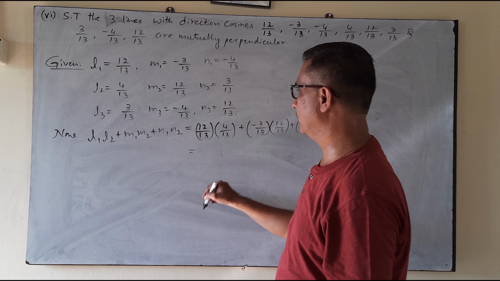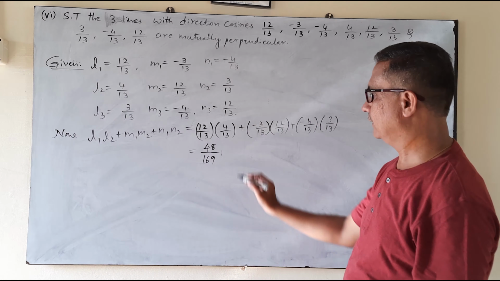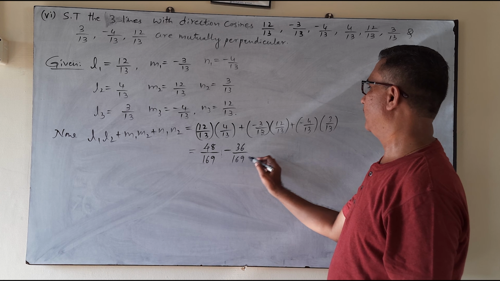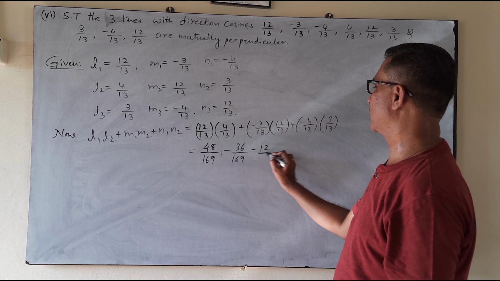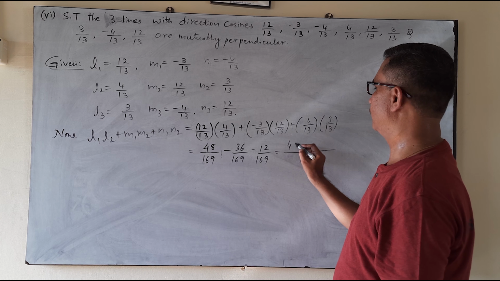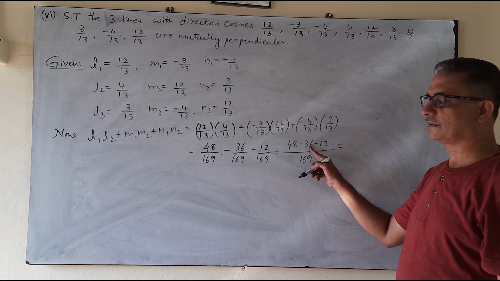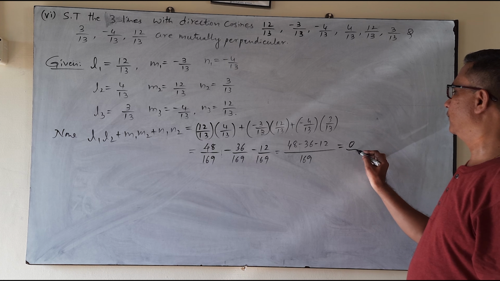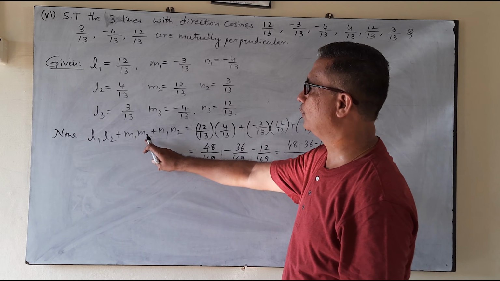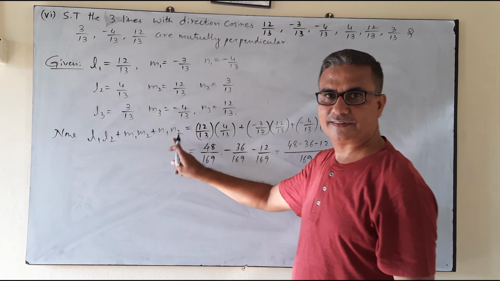Simplify: 12 into 4 is 48, 13 into 13 is 169. Plus into minus is minus, 12 3s are 36 by 169, plus into minus is minus, 4 3s are 12 by 169. LCM 169: 48 minus 36 minus 12. 48 minus 36 is 12, 12 minus 12 is 0, divided by 169. 0 by any number is 0. So L1 L2 plus M1 M2 plus N1 N2 is equal to 0. It means the first line is perpendicular to the second line.